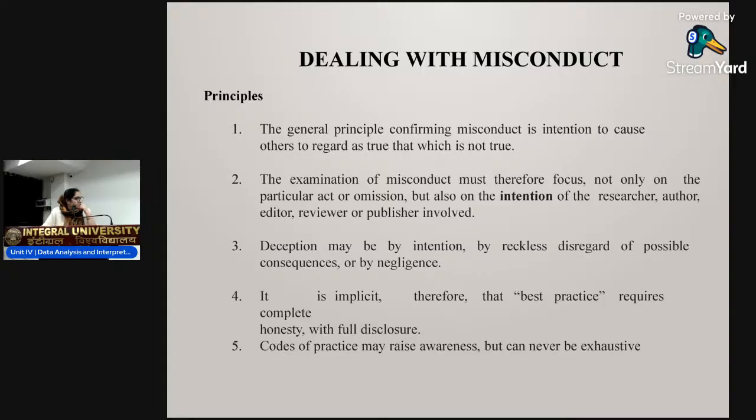It is implicit, therefore, that best practice requires complete honesty with full disclosure. Codes of practice may raise awareness but can never be exhaustive, because we cannot have a code for everything, right? So it largely depends upon your own moral compass.